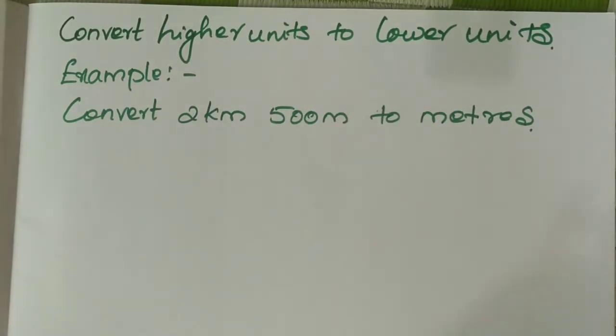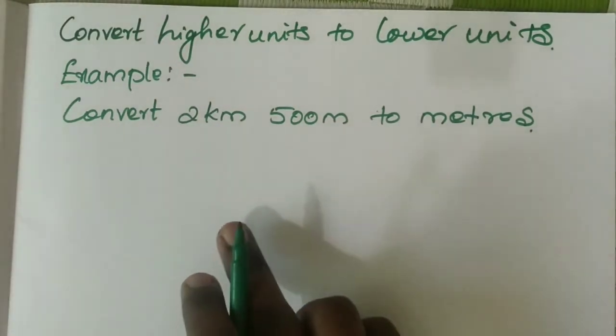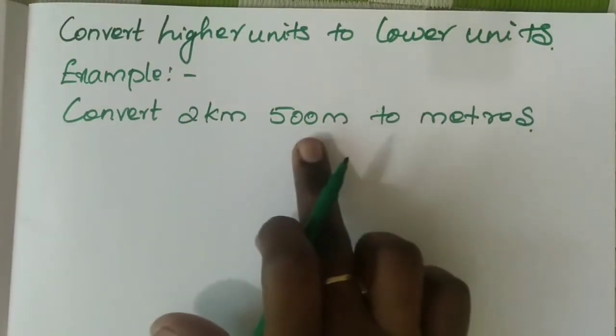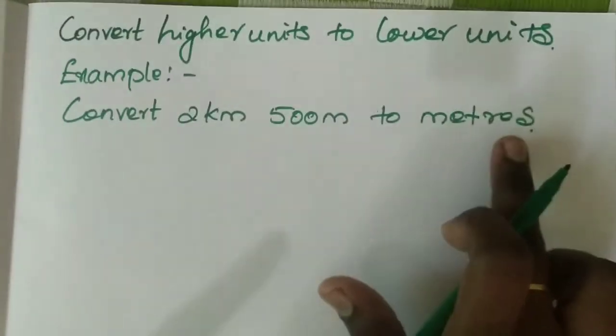Let's move on to the very first problem. We are going to see how to convert higher units to lower units. Convert 2 kilometer 500 meter to meters.